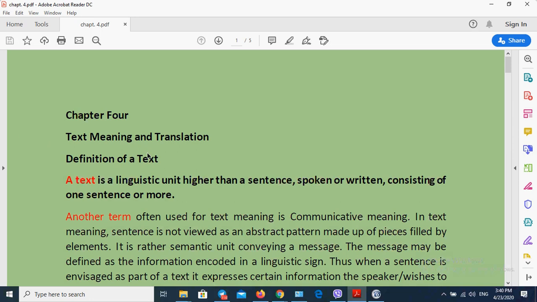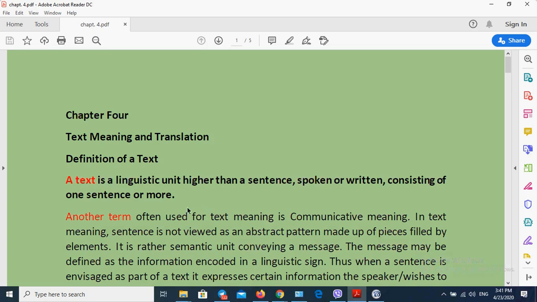Definition of a text. Here we have the definition. A text is a linguistic unit higher than a sentence, spoken or written, consisting of one sentence or more.